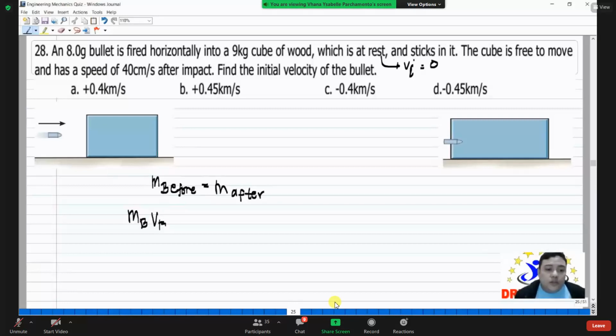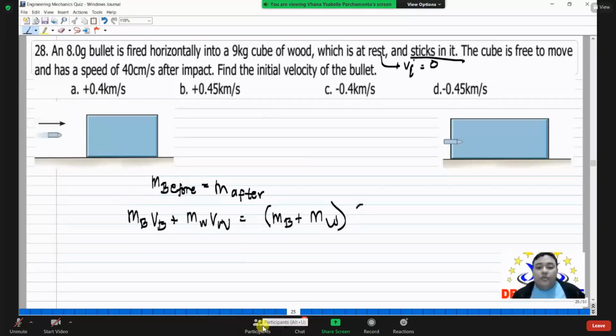So therefore, mass of the bullet times velocity of the bullet plus mass of the wood times velocity of the wood is equal to the mass nilang dalawa after collision. Since nag-stick yung bullet dun sa wood, that is MB or mass of the bullet plus mass of the wood multiplied by yung ating final velocity ng dalawa.